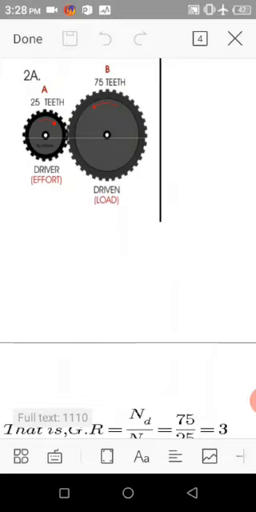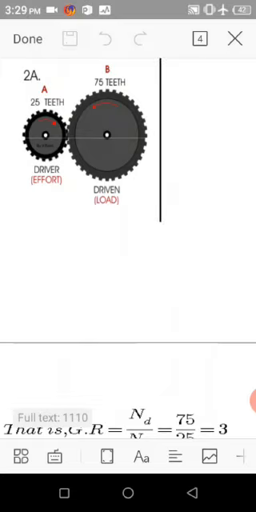The speed is going to be 3 times that of the driven gear. So you place 3 as your numerator, the speed of the small gear, and 1 as denominator for the speed of the driven gear.